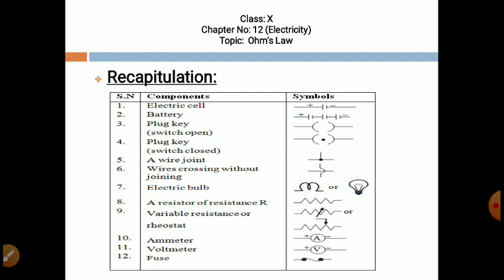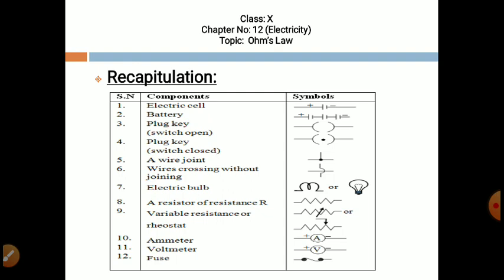Next one is a switch, which is open, plug key. Next, fourth one is switch closed. Fifth one is wire joining, or you may say junction. Sixth one is a wire crossing without joining, or you may say jumper. Seventh is bulb.